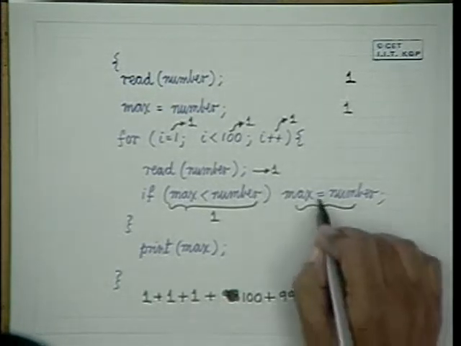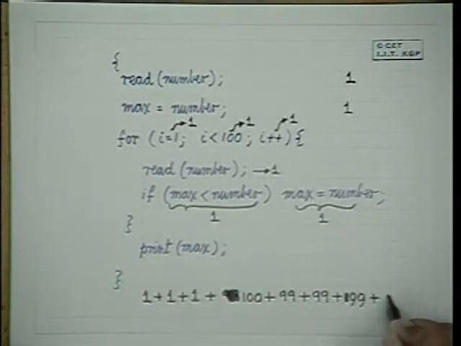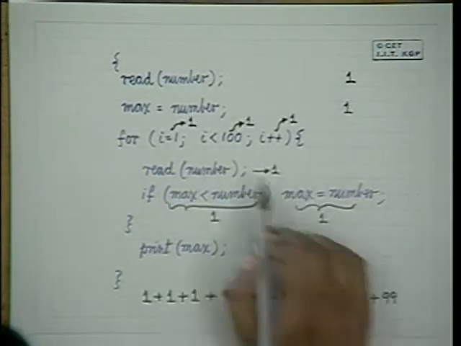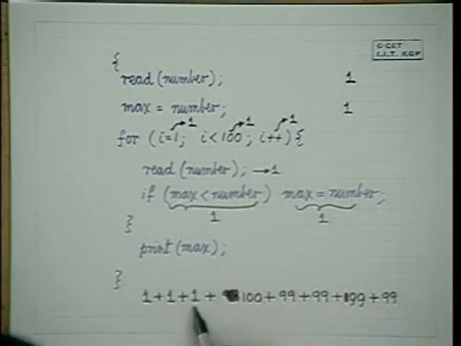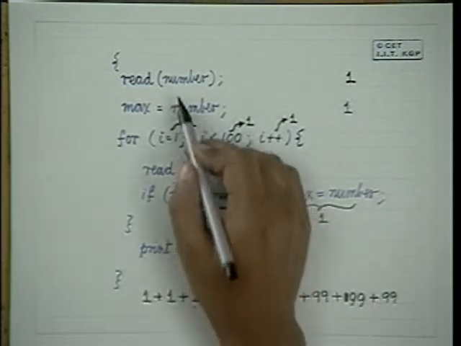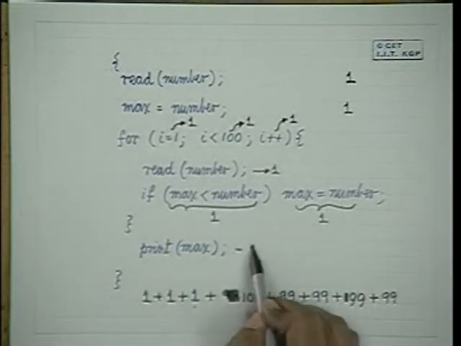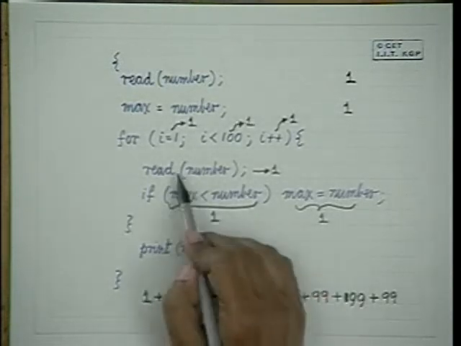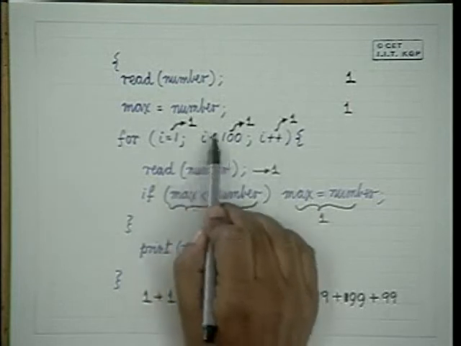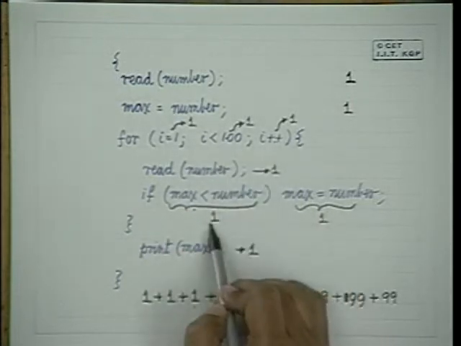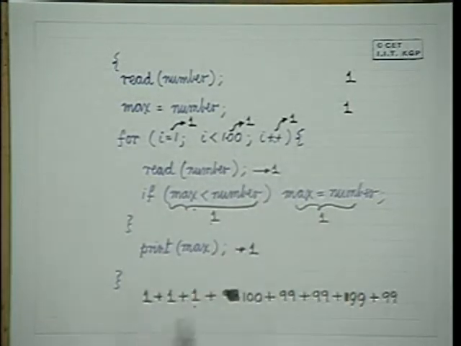And this will be executed again 99 times. So this assignment statement will be executed 100 times, the read number will be executed 100 times, print will be executed once, and this one and this one will be executed 99 times. And we can add up and say this is the time required.